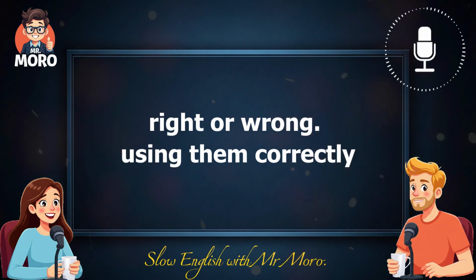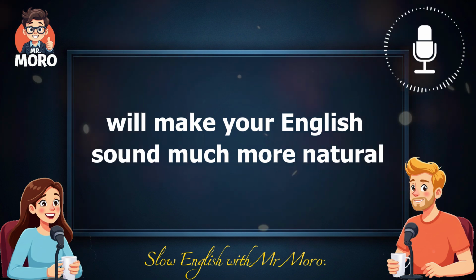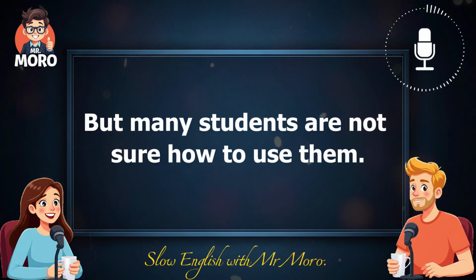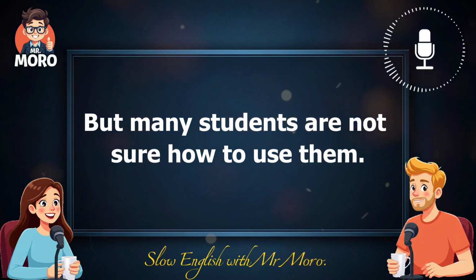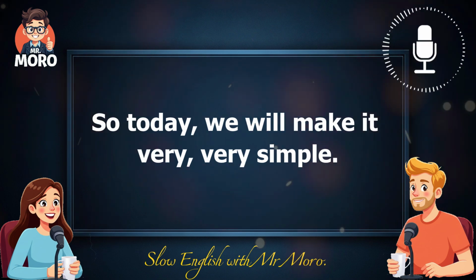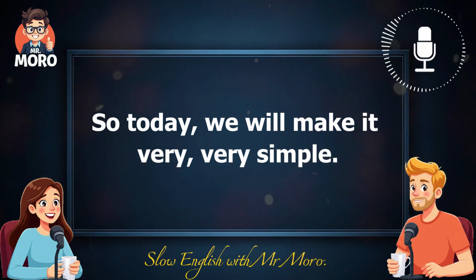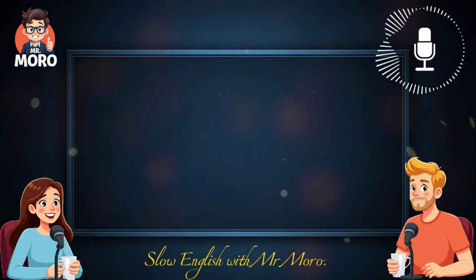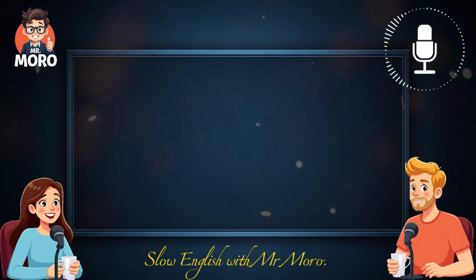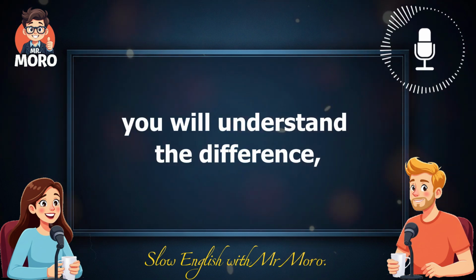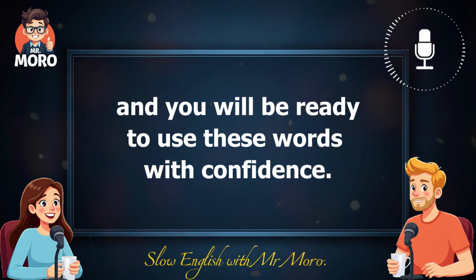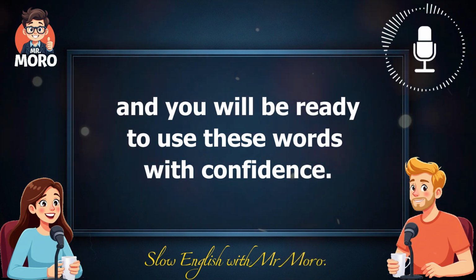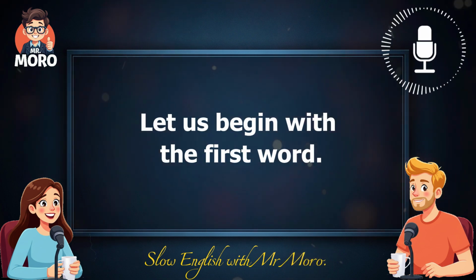Using them correctly will make your English sound much more natural. But many students are not sure how to use them. So today, we will make it very, very simple. We will explain each word with easy examples. By the end of this episode, you will understand the difference, and you will be ready to use these words with confidence. Let us begin with the first word.